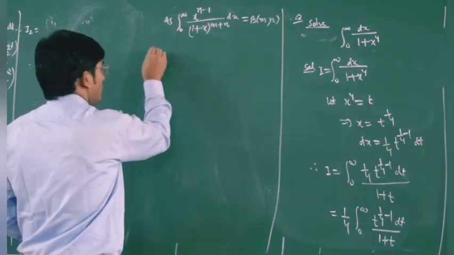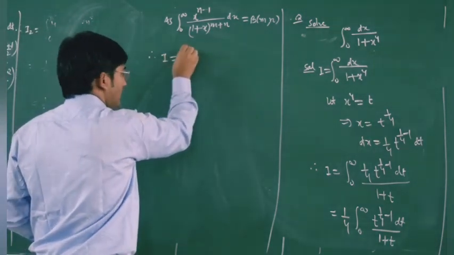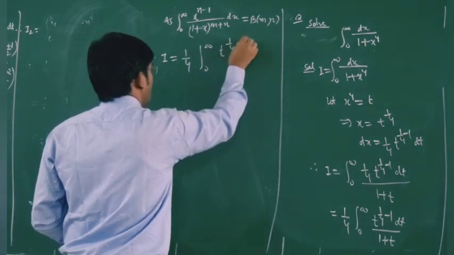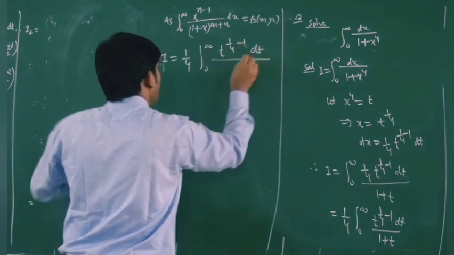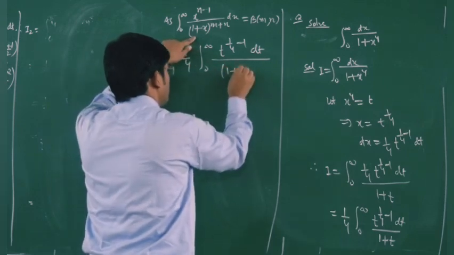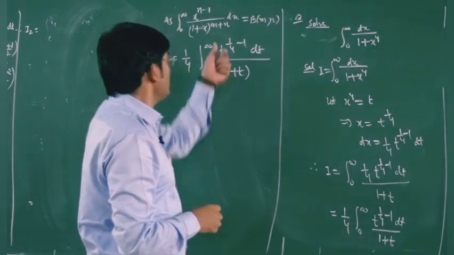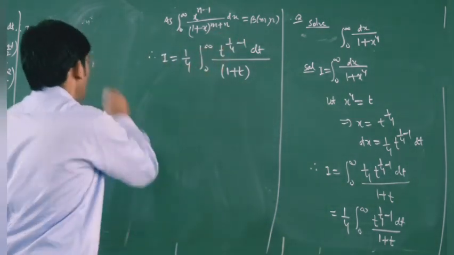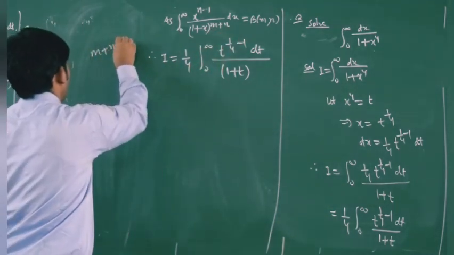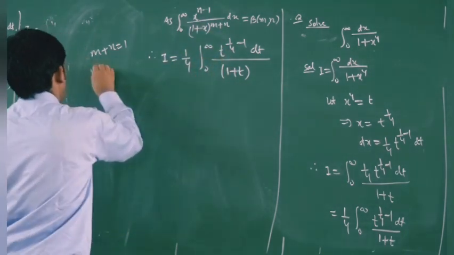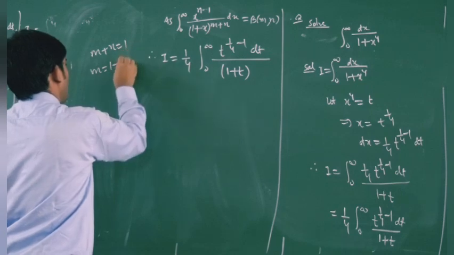So therefore we can write our I as 1 by 4 0 to infinity t power 1 by 4 minus 1 dt divided by, now this is your 1 plus t power 1. Now this 1 is basically m plus n. So if your m plus n is 1, we have the value of n as 1 by 4. So your m will be 1 minus n, so we have 1 by 4.